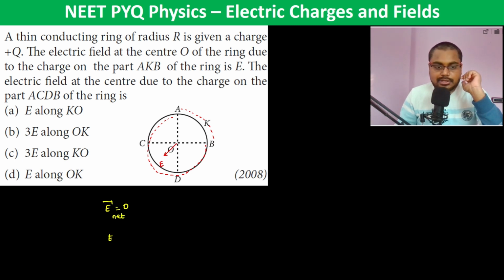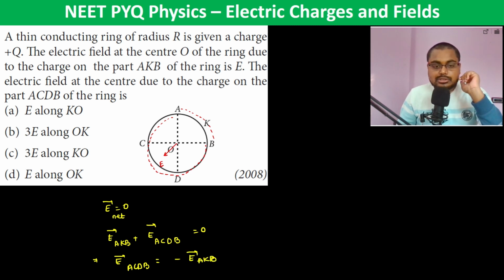So the net electric field is the electric field due to AKB plus the electric field due to ACDB, and both combined make it 0. So the electric field due to ACDB is going to be minus the electric field due to AKB.